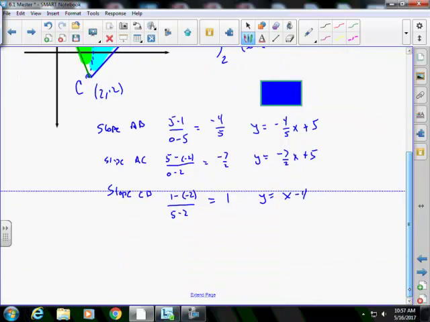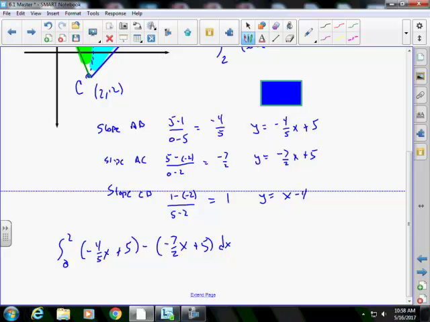I need to integrate from 0 to 2 negative 4/5 x plus 5. Subtract from it the lower function, negative 7/2 x plus 5, dx.